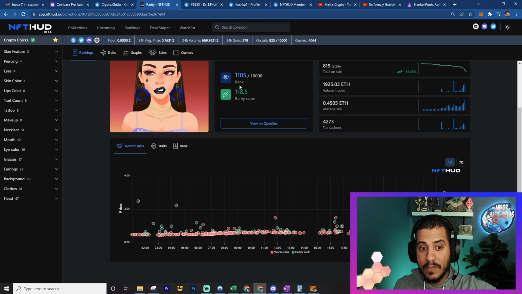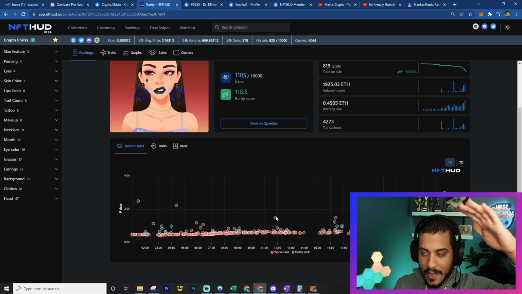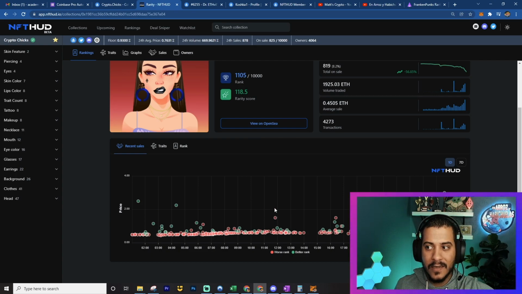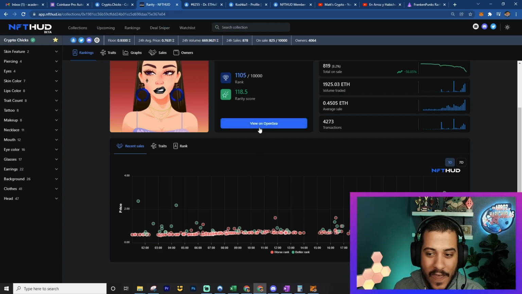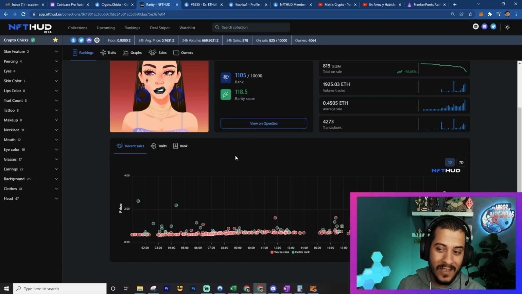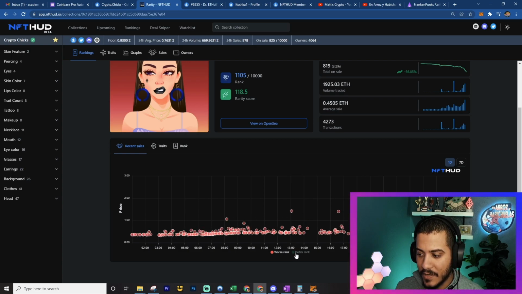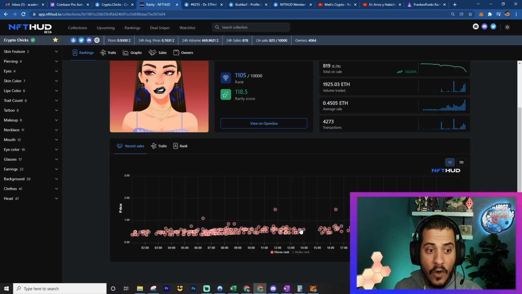Anything above 1,100 is going to be a worse rank, and anything below is going to be a better rank. But I don't want to see the better ranks below me because they're going to be more expensive, so naturally they need to sell higher than mine, in my version of thinking. So I'm just going to filter out the better rank. You click down here, and now you get rid of all the better ranks.